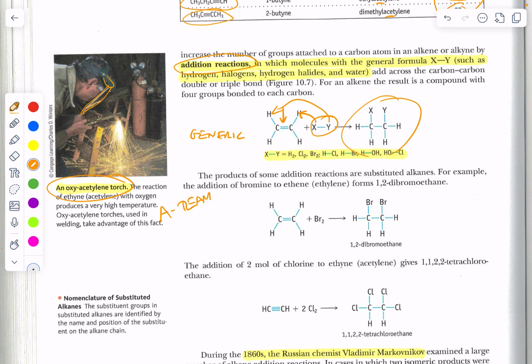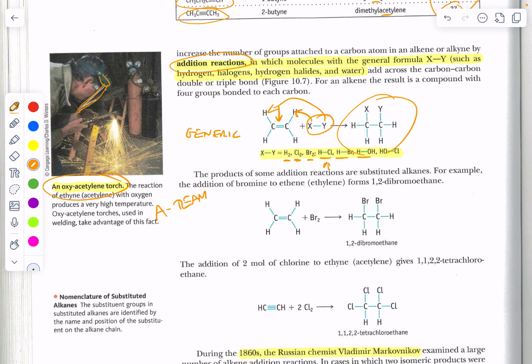Now, what are the X and Y? X and Y could be the same atom, like in bromine, or they can be different atoms, like in these heterodiatomic molecules, like hydrogen chloride or hydrogen bromide. Here we're talking probably about maybe a vapor as opposed to an acid in water.